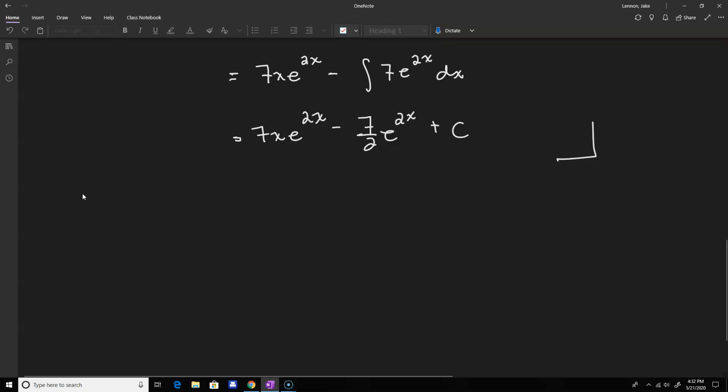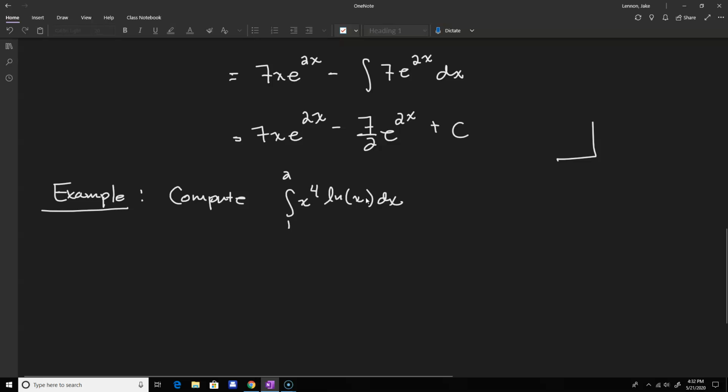All right, so let's look at an additional example where maybe we have a definite integral instead. So let's compute the integral from 1 to 2 of x to the 4th times the natural log of x. Now, which do we want to do here?